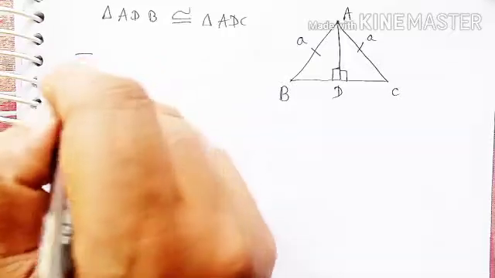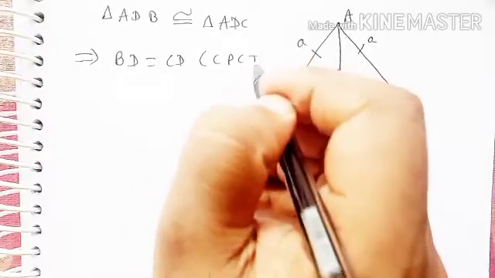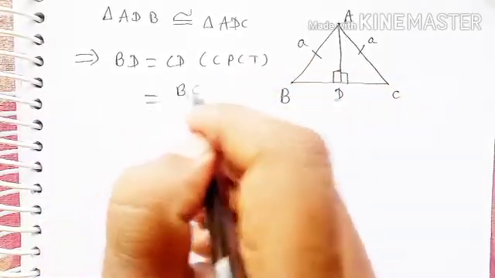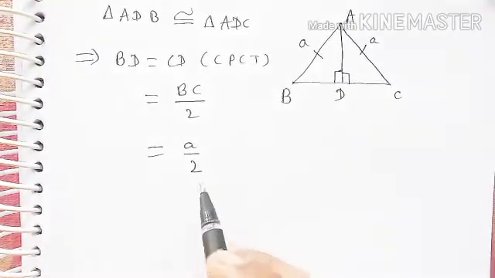Triangle ADB is congruent to triangle ADC, implies that BD is equal to CD by CPCT, BC by 2 is equal to A by 2.